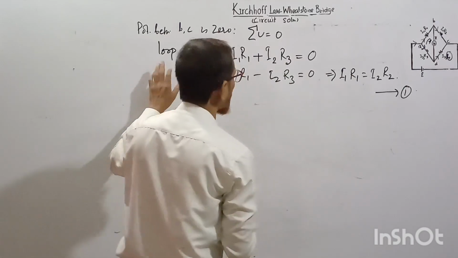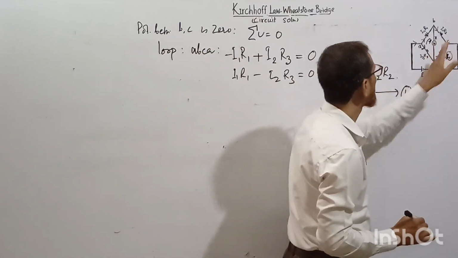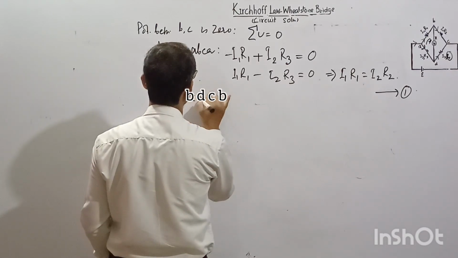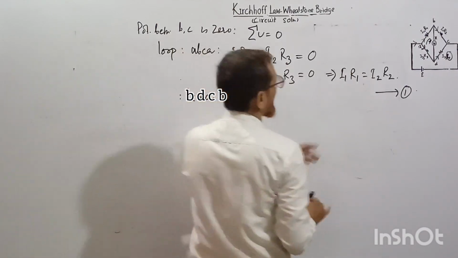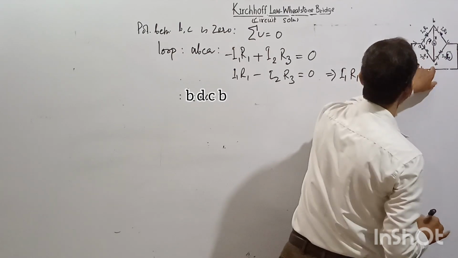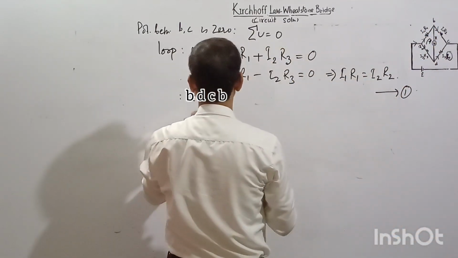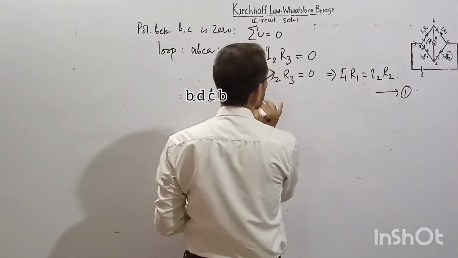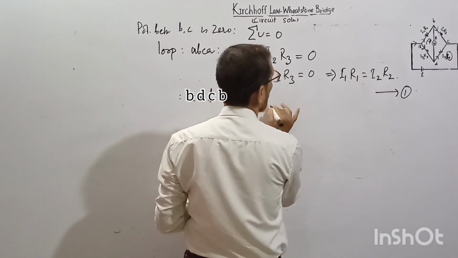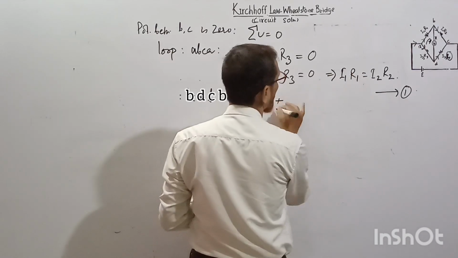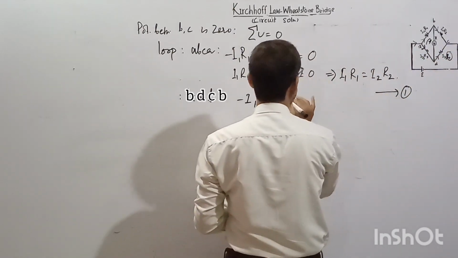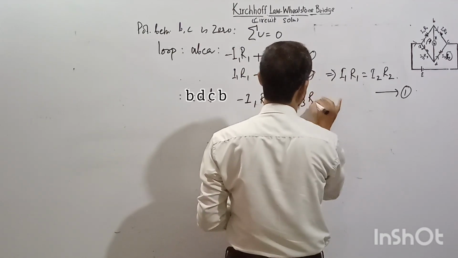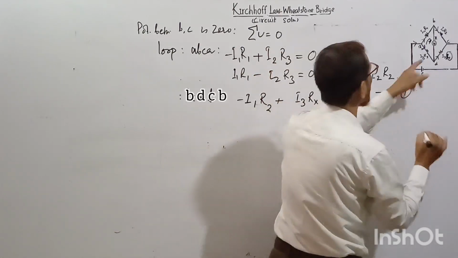So now apply the loop law to this one, B C D B. Here assume I1 R2 minus, then this is the reverse of this direction, this is plus, and again this is 0.